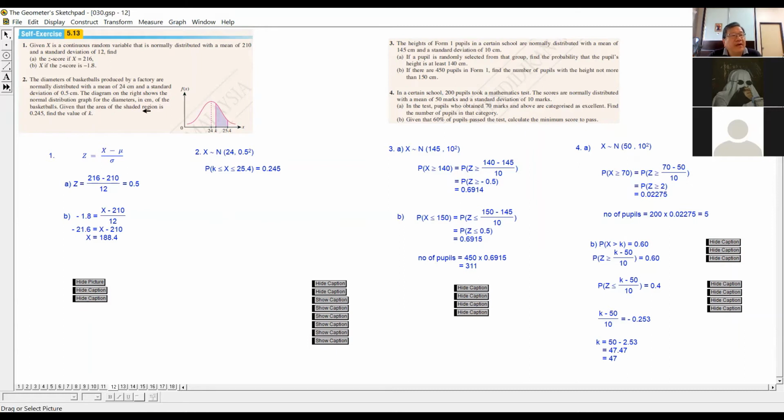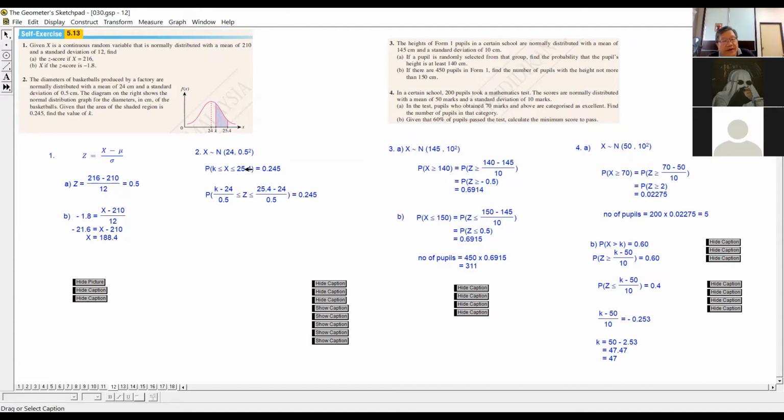Given the area of the shaded region is 0.245, so the probability is 0.245. Find the value of k. Now using our standardization, we are going to convert the k to the z-score.